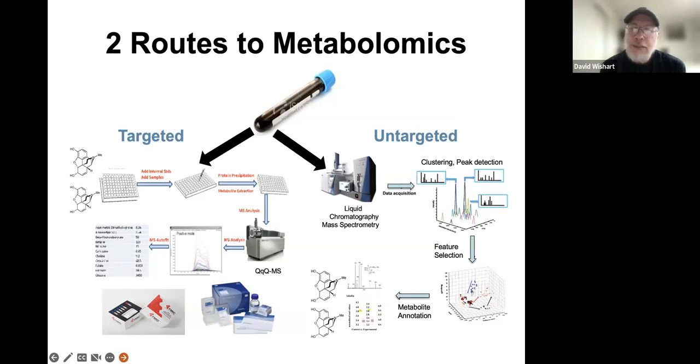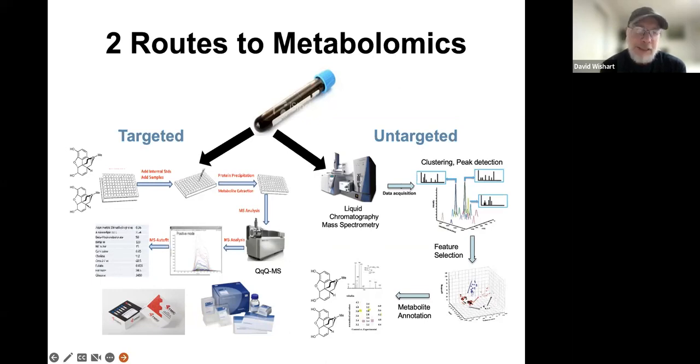The targeted approach is probably more relevant, more useful for analysis of foods and nutrition and food science. In this case, it's using a pre-selected set of compounds where you have isotopic standards or reference standards of some form, and you can use mass spectrometry or even NMR spectroscopy. In this method, you're actually quantifying all of the expected compounds in your system or your kit.